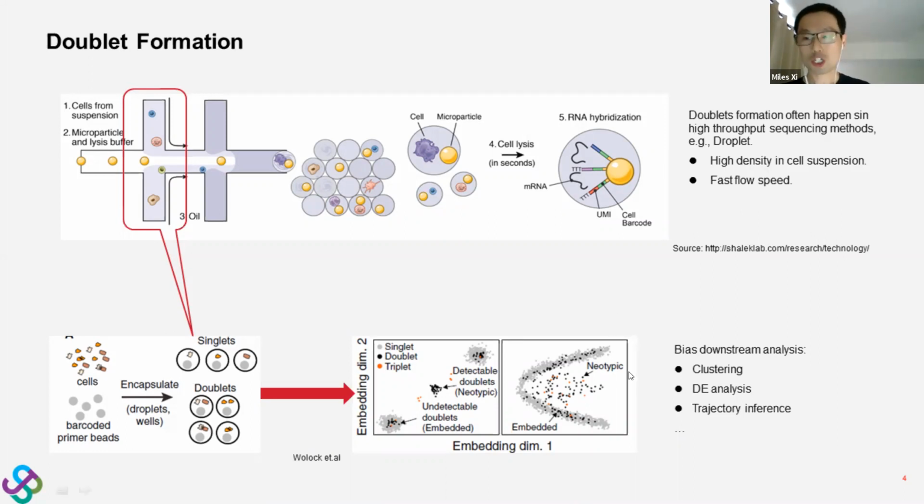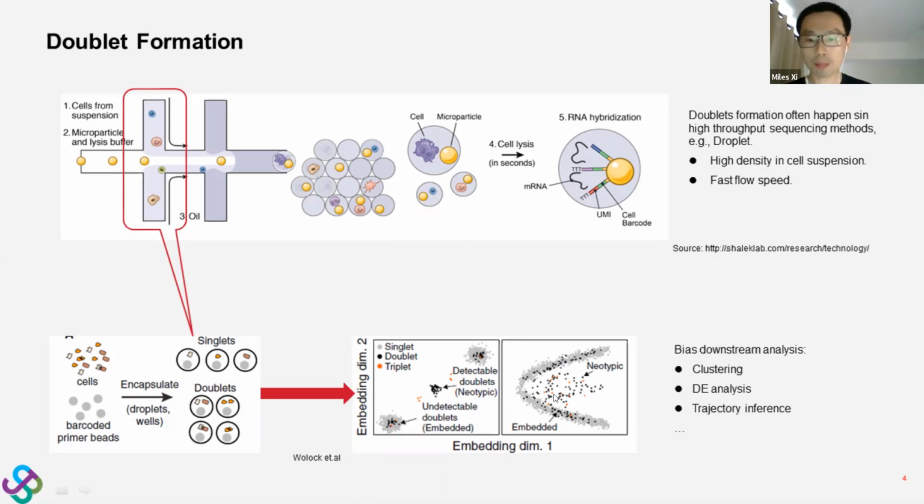Another example is trajectory analysis, right? Sometimes we know a cell is differentiating in some process, so there's continuous change, say along a timeline. So if you project the cells into low dimension, you will see a trajectory like this U-shaped or C-shaped trajectory here. So all the cells are continuously changing. But if you have, say, doublets, then you will find some doublets very different from those trajectory cells, right?